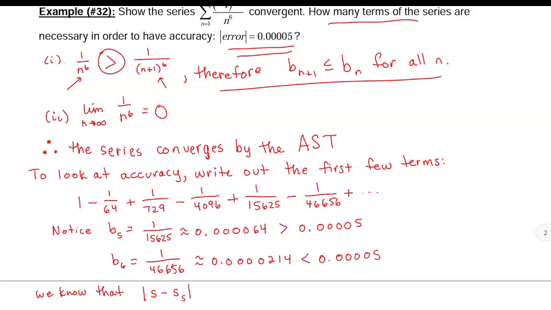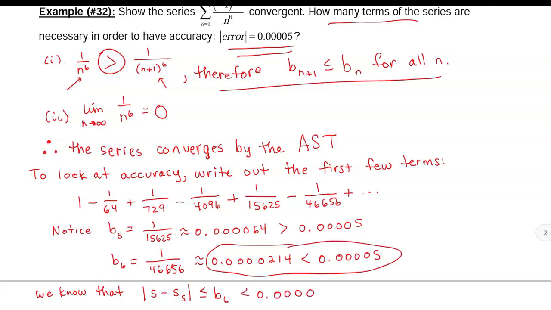Now we know that the error of the fifth partial sum is going to be less than the sixth term, which is the first omitted term, according to the theorem. And the sixth term, b sub 6, is less than the accuracy we were looking for. Since the sixth term is less than the desired error, we just need the first 5 terms to get the desired accuracy.